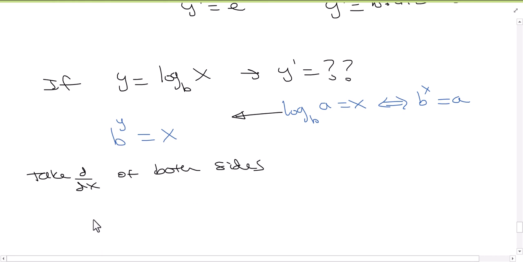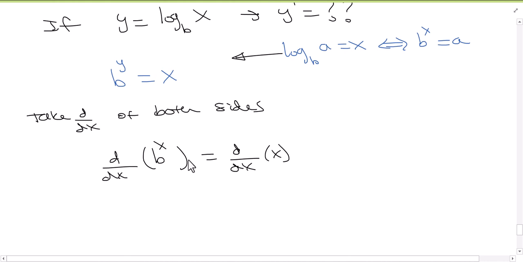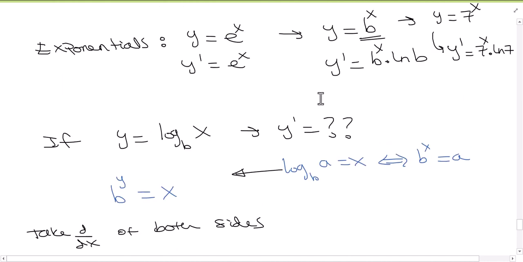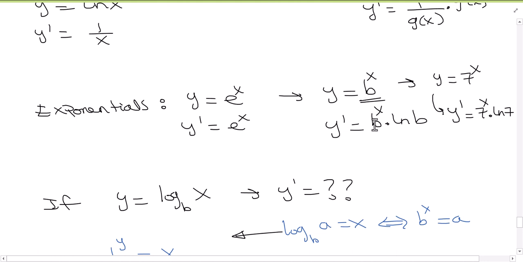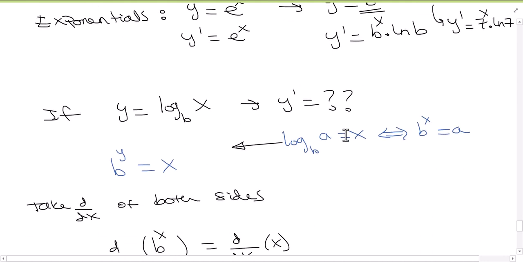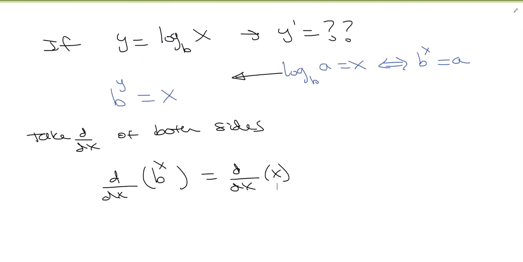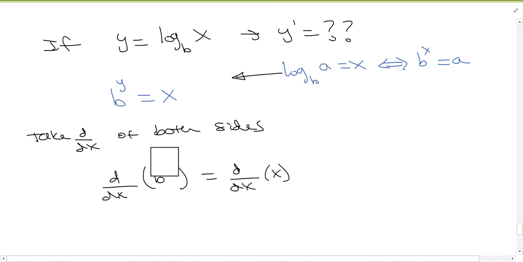So what am I going to have here? I'm going to have the derivative with respect to x of b to the y equals the derivative with respect to x of x. And so what's the derivative of b to the x? We just wrote it up here as we were reviewing. The derivative of b to the x is, you get the exponential back times the natural log of the base. Oh, that's not x, that's a y. B to the y, right? That's what I'm using. So here I'm going to need then the chain rule because I'm taking the derivative implicitly.